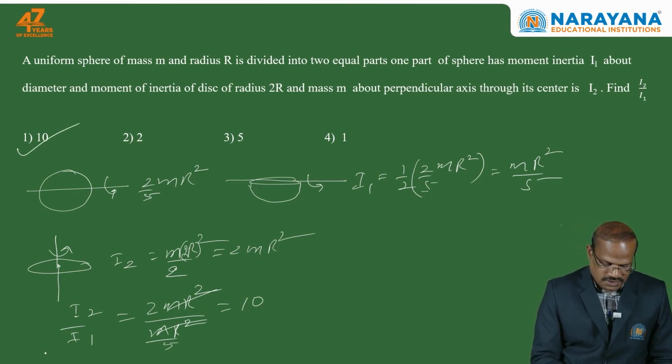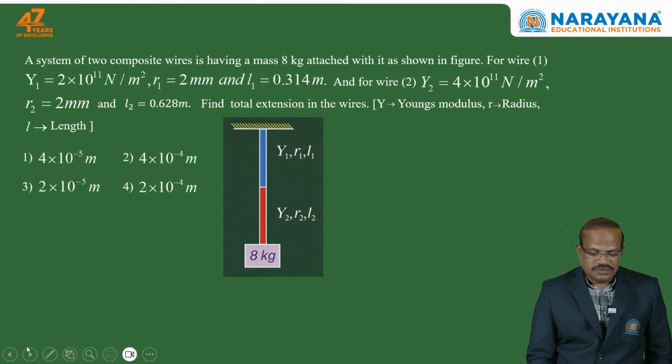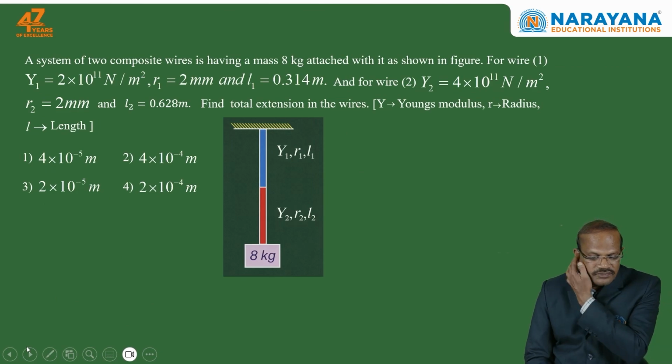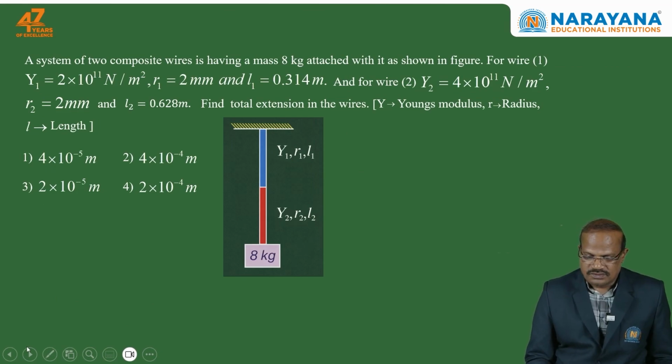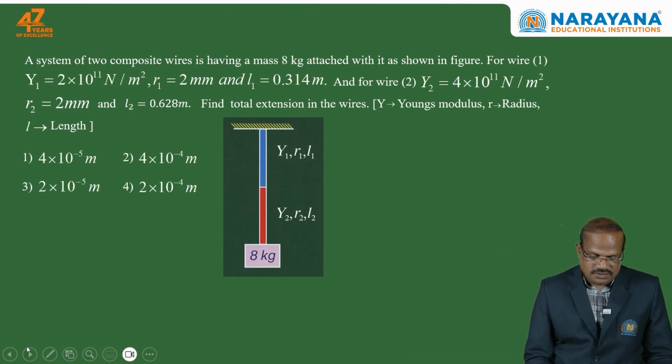So if you see the next question, a system of two composite wires is having a mass of 8 kg attached with it as shown in figure. For wire 1, Young's modulus given, radius given. Radius R1 is 2 mm, its length 0.314 meter.